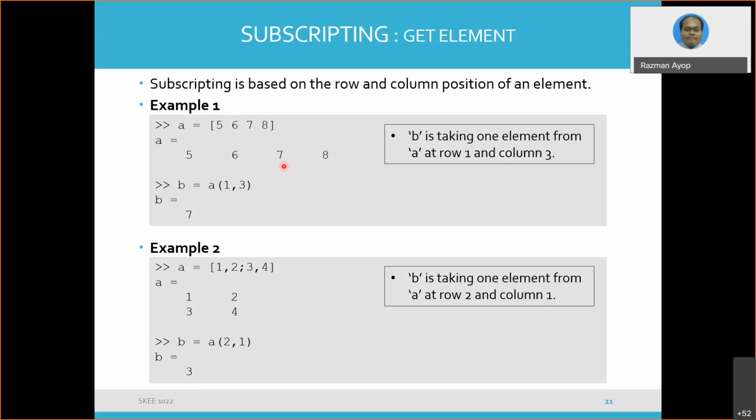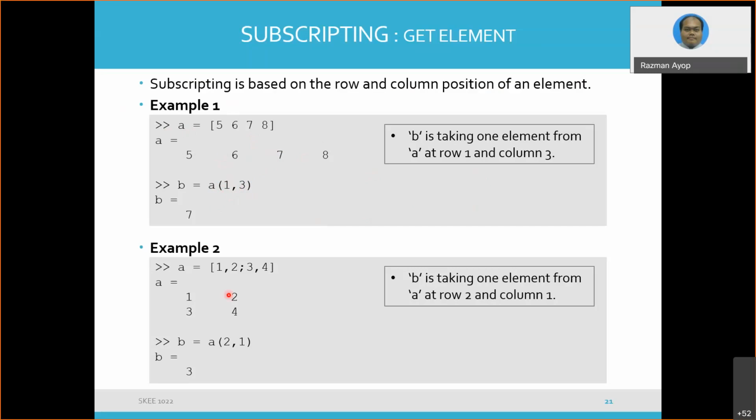Row means this horizontal line, and the second number is the column. Don't forget to put a comma. So automatically it will extract the data from A. That is how you call data.